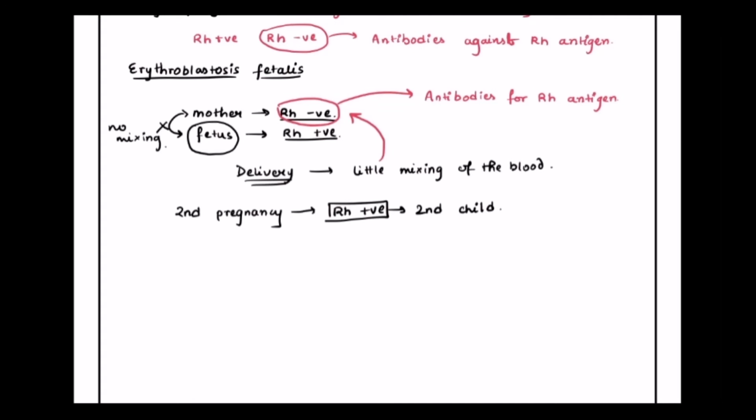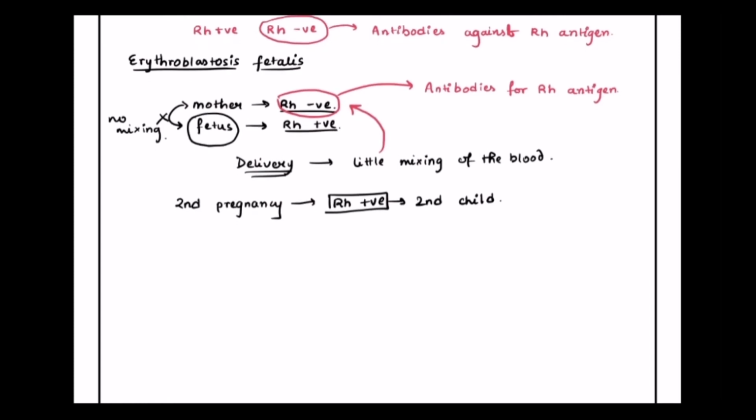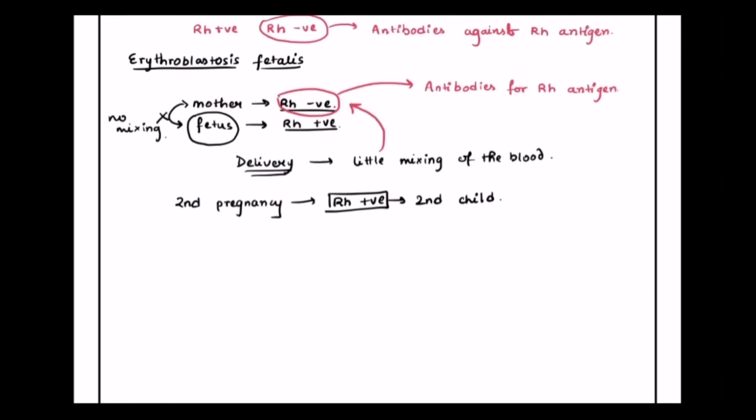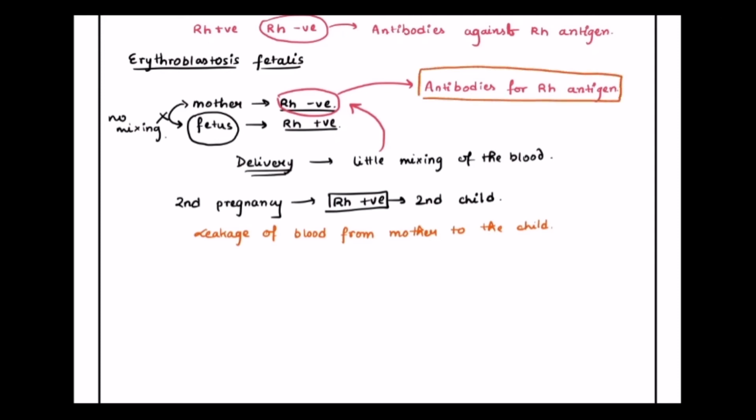Now, during the second pregnancy, when the child is inside the mother's womb, there can be some leakage of blood from mother to the child. And because of the first pregnancy, since the blood is having the antibodies against the RH antigen, this is harmful for the fetus.